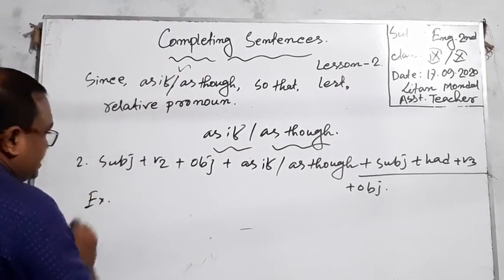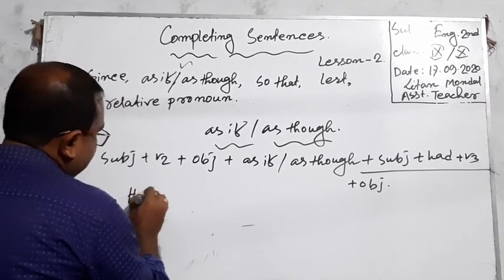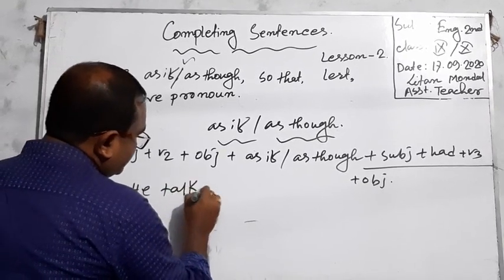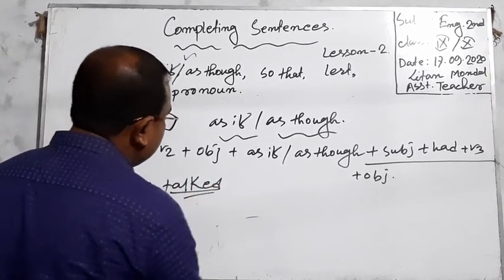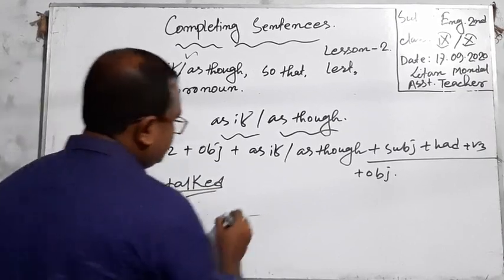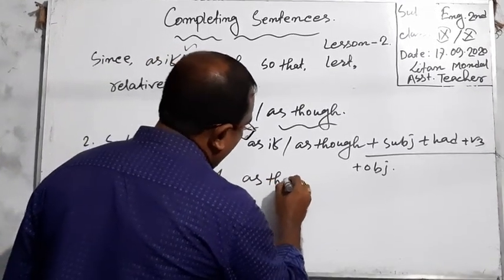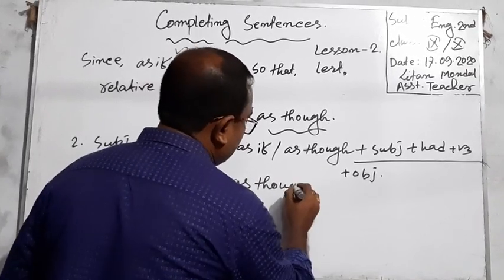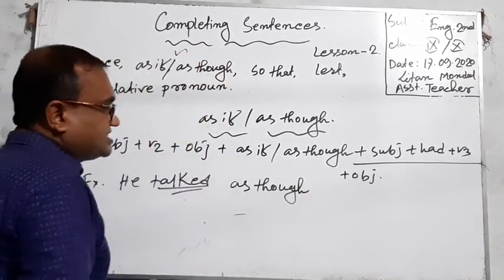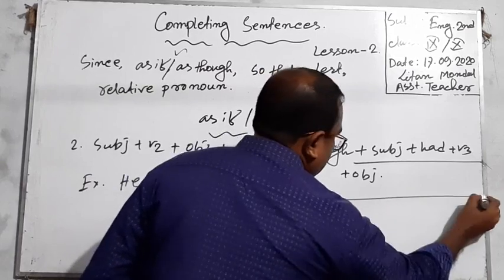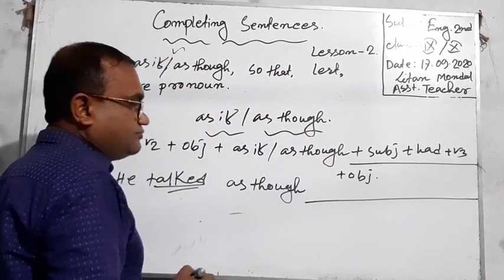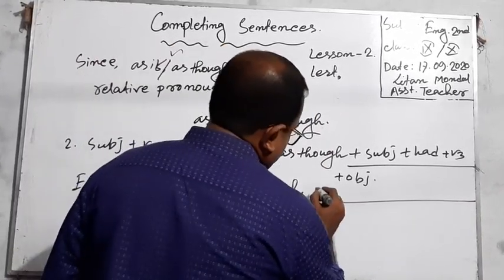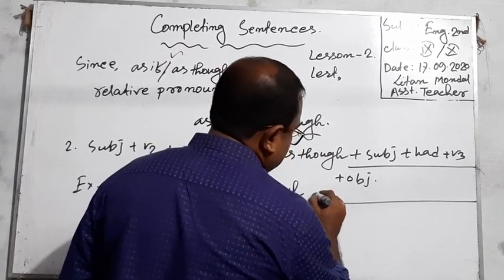Now we will see the example. He tugged. This is V2, first indefinite tense. As though, yes, I have used here as though. Now I have to complete here for the direction. Now we need a subject.